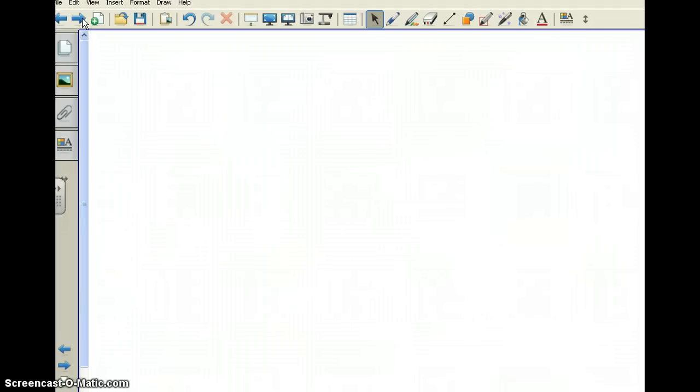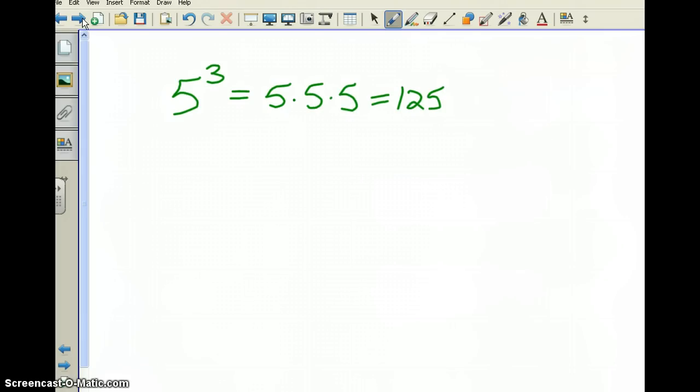If I pick 5 to the 3rd, that really means 5 times 5 times 5, which is 125. Then if I go to 5 squared, which means 5 times 5, I've lost one power of 5 here. That brings us down to 25.